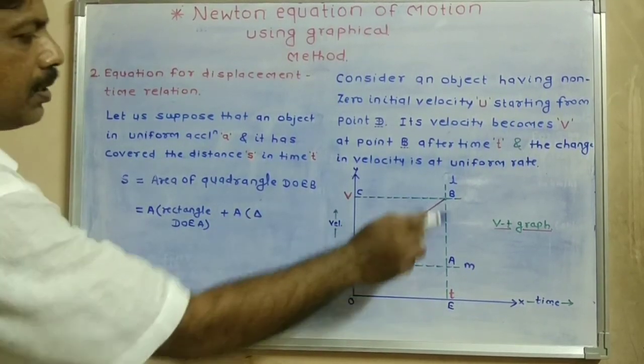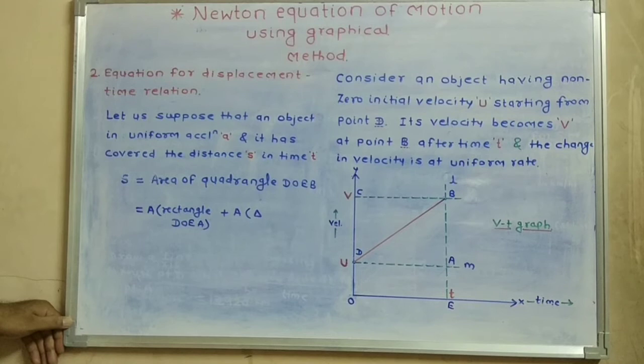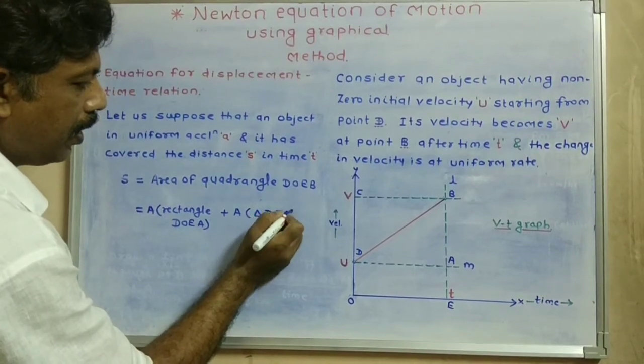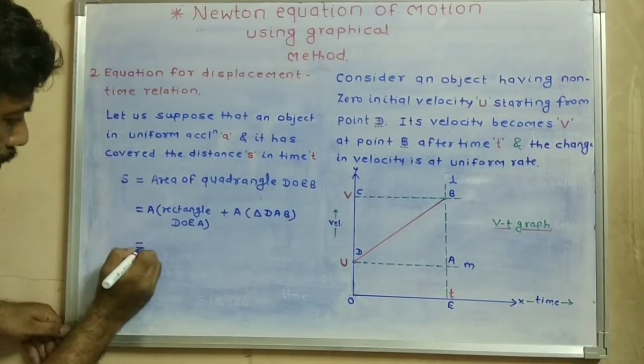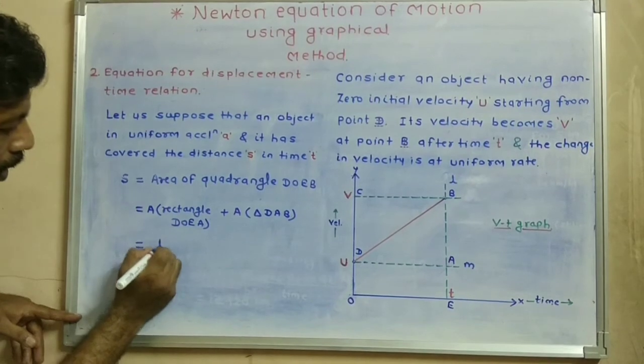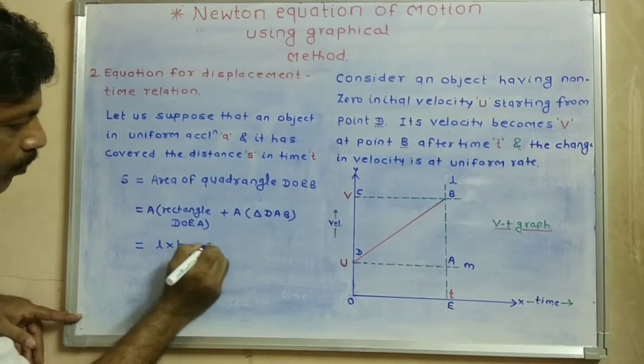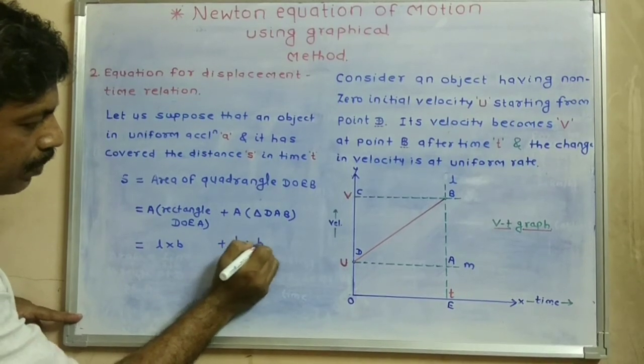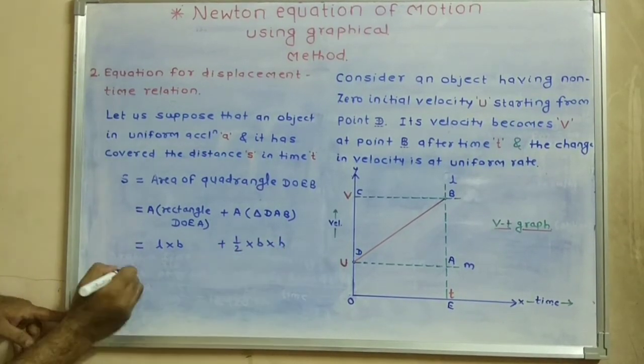This is your triangle. And we know the area of a rectangle is length multiplied by breadth, plus the area of a triangle is half multiplied by base multiplied by height.